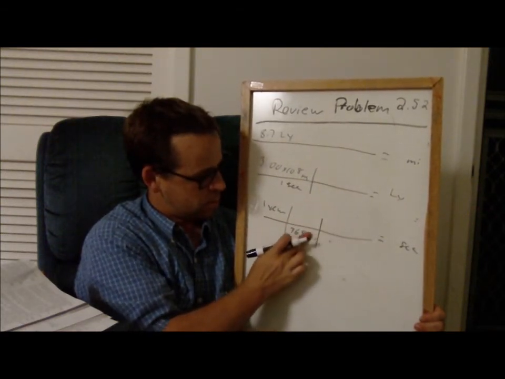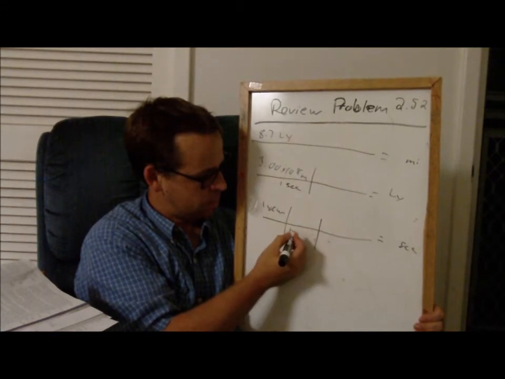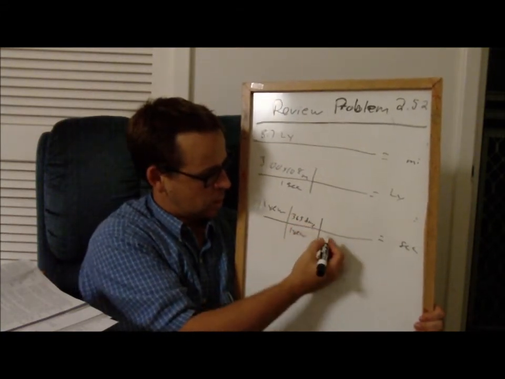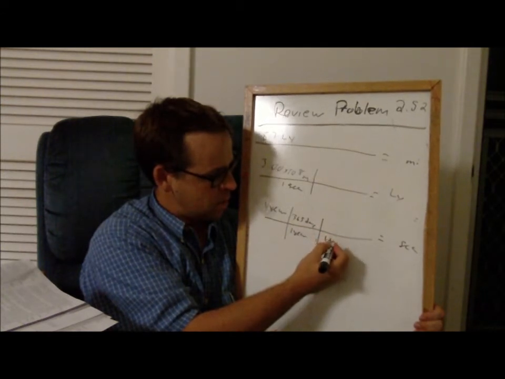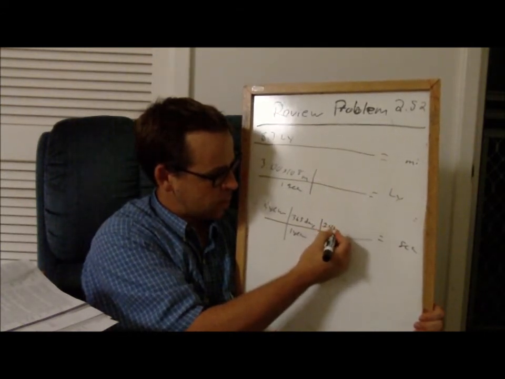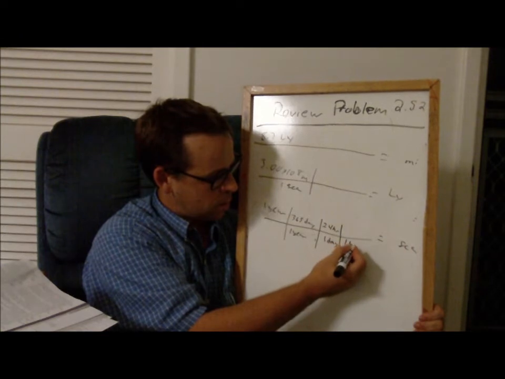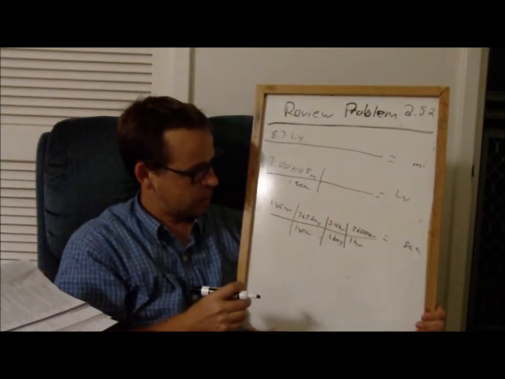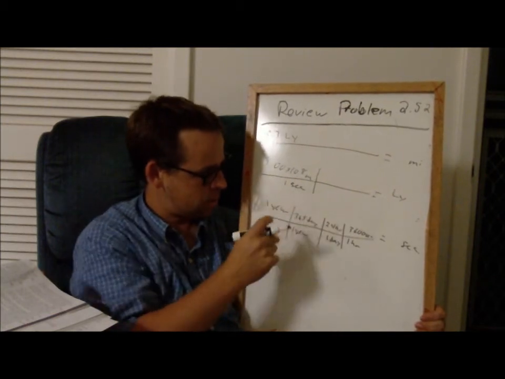Oh, whoops. We need years on the bottom. For every 1 day, that's 24 hours. And for every 1 hour, that's 3,600 seconds. Alright, so that's how many seconds there are in a year.